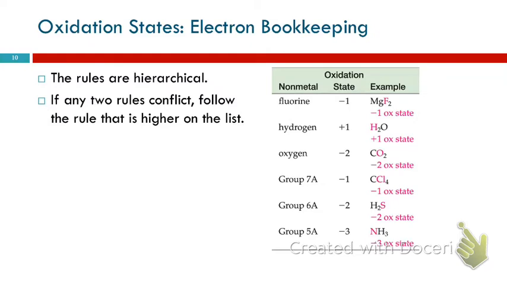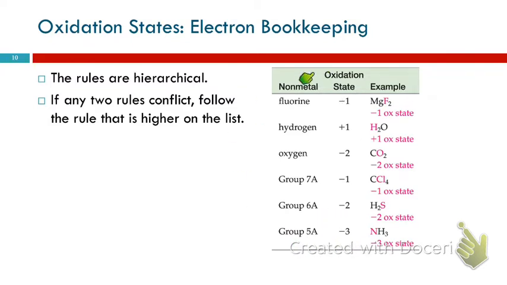It would be -1. So in compounds, fluorine often has a -1 oxidation state, even if it's not an ion. Hydrogen as an ion, the one we're familiar with, is +1. Oxygen as an ion is -2. The group 7 elements, other than fluorine, they would all be -1 ions. Group 6 would be -2 ions. Group 5 would be -3 ions.